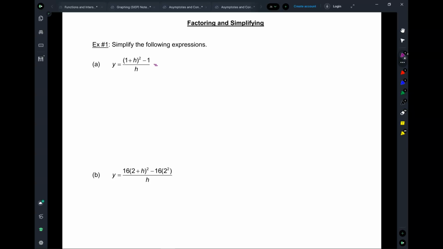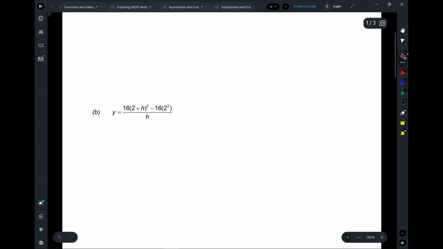So it's 1 plus 2h plus h squared minus 1 over h. The 1's go away. 2h plus h squared over h. You can cancel an h from everywhere, so that's just 2 plus h. I know it seems lengthy, but I left way too much space.